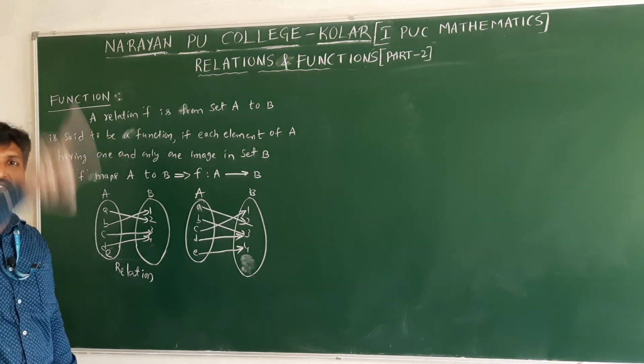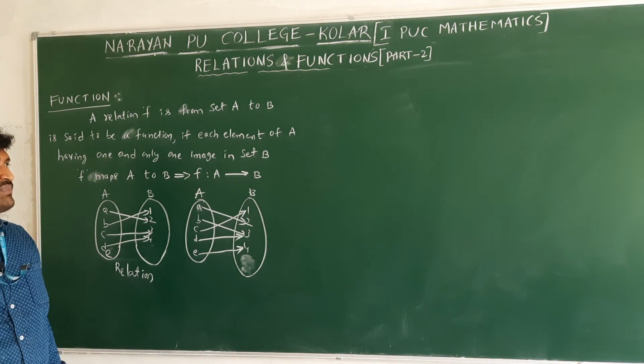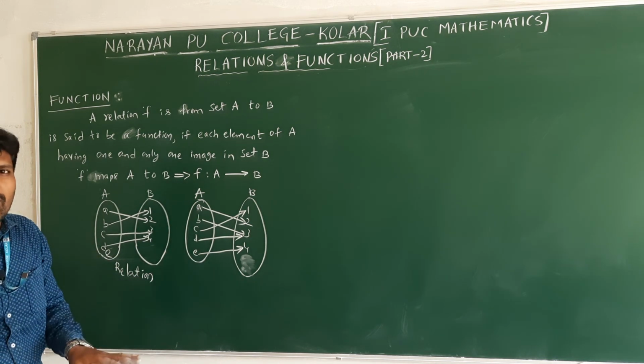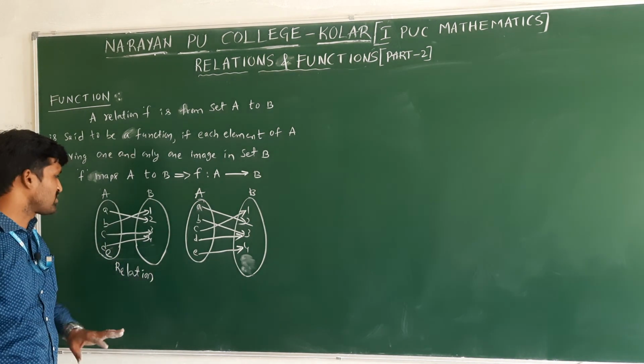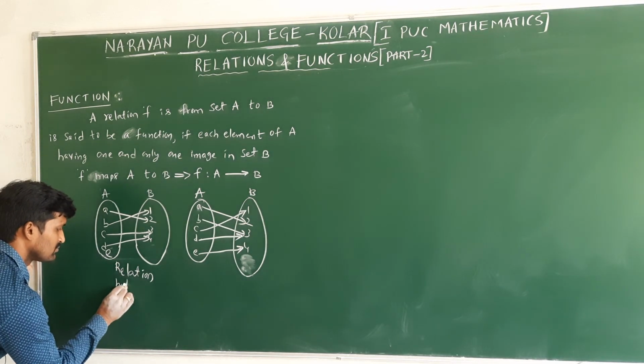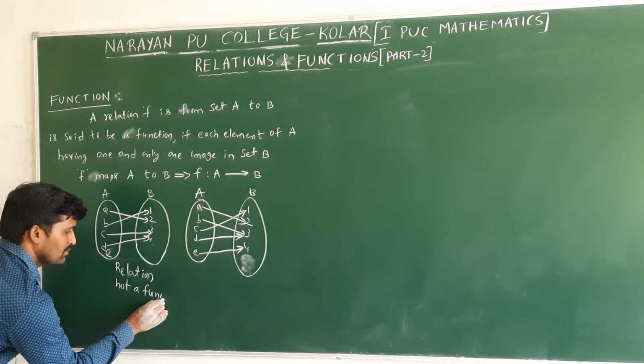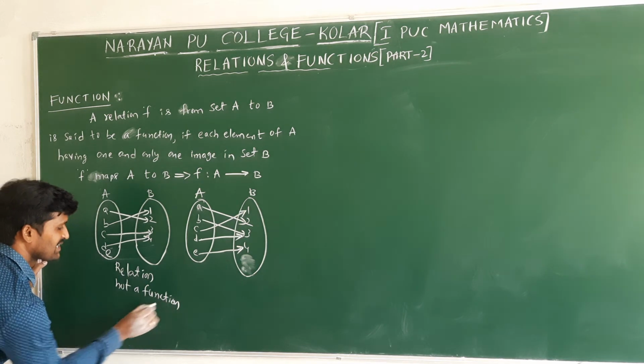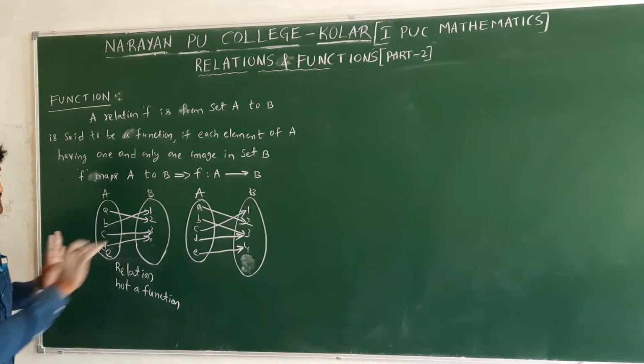Every function is a relation, but every relation need not be a function. Remember one thing, so you can understand the difference. It is a relation, but it is not a function. What is the reason? E does not have an image.